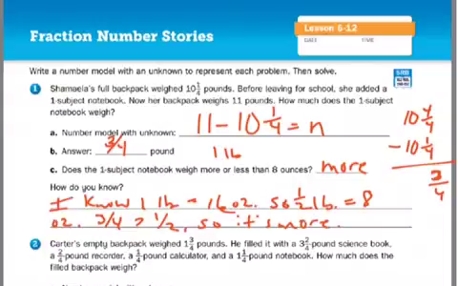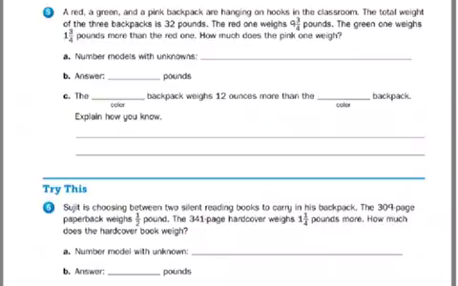Okay, so you're going to take a look at the next couple problems in your journal. Before I let you go work on that though, I want to draw your attention to problem number 5. So let's take a look at that one. Problem number 5 says this: a red, a green, and a pink backpack are hanging on hooks in the classroom. The total weight of the 3 backpacks is 32 pounds.